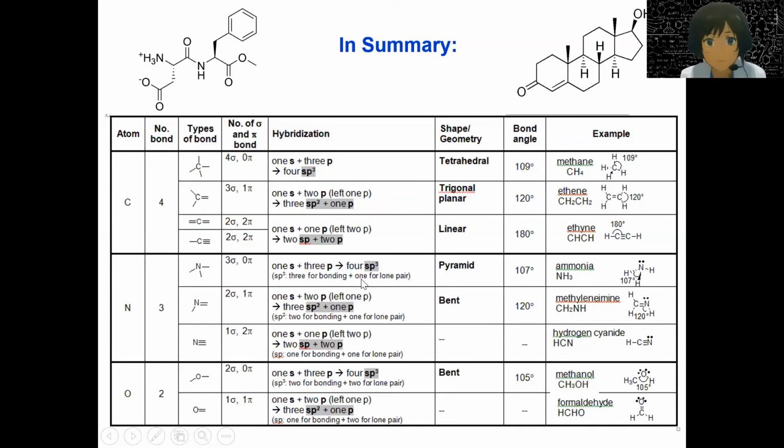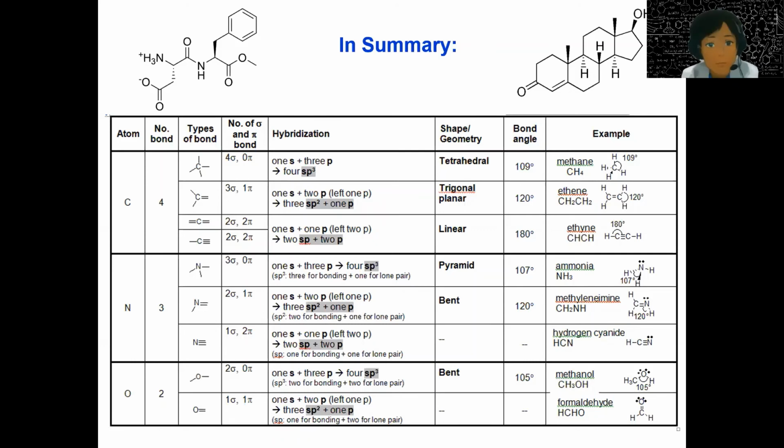sp3 hybridization means 1 s and 3 p orbitals mixed together to give us 4 sp3 orbitals. The shape is pyramidal. The angle is 107. Example is your ammonia. When there's a double bond, it is sp2 hybridization.